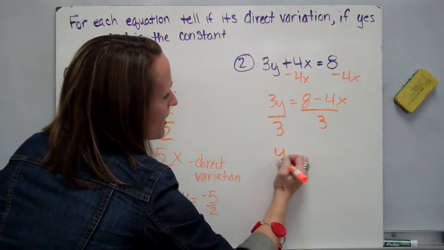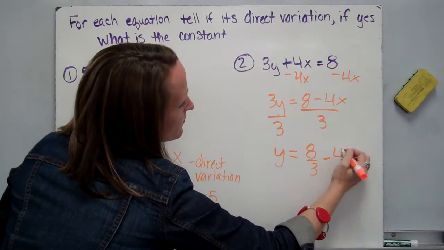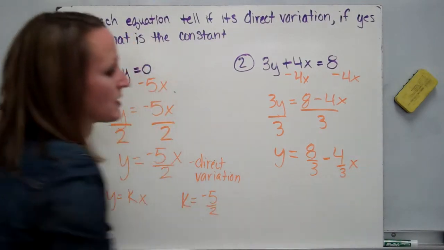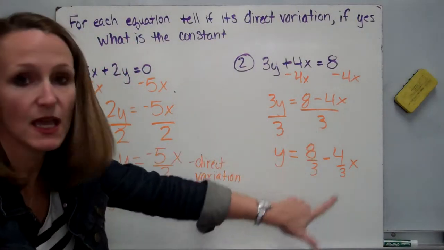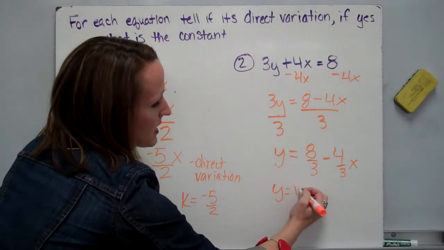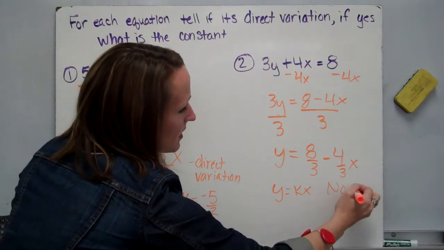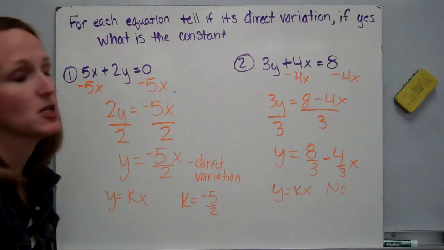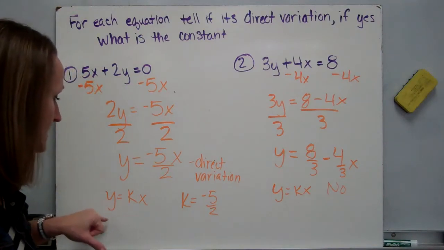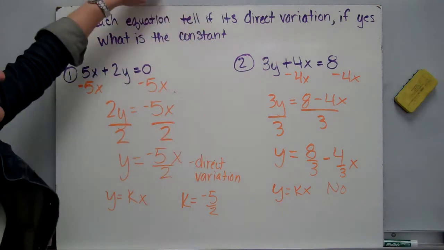So right now we have y equals 8/3 minus 4/3 x. Well, since we have this 8/3, this is not in the form of y equals kx. So this one, no. It's not direct variation. For it to be direct variation, it must be in this y equals kx. No plus or minus of anything in front of it.